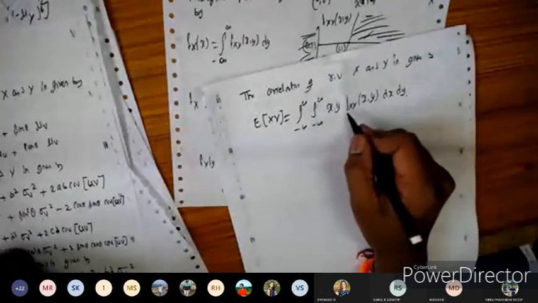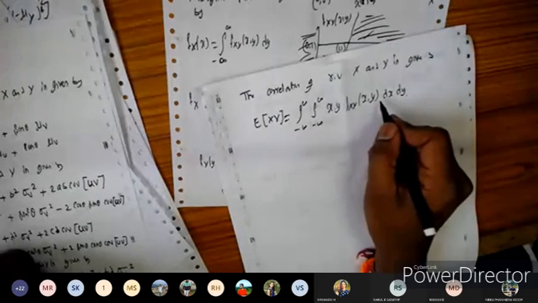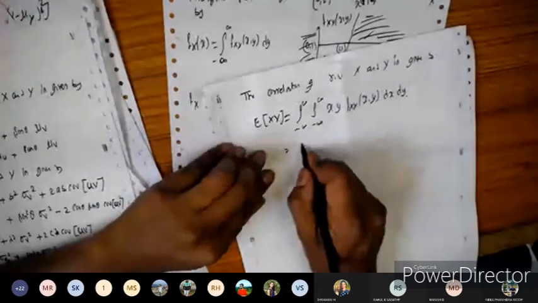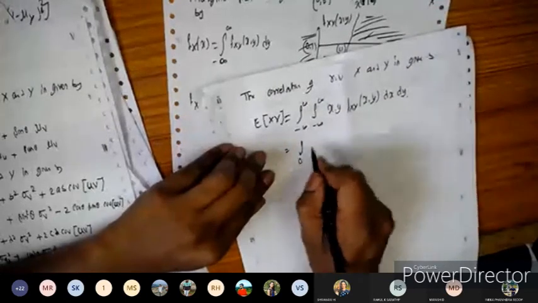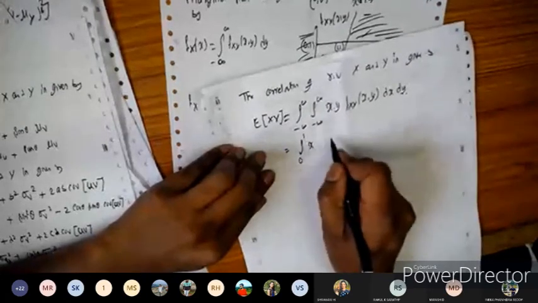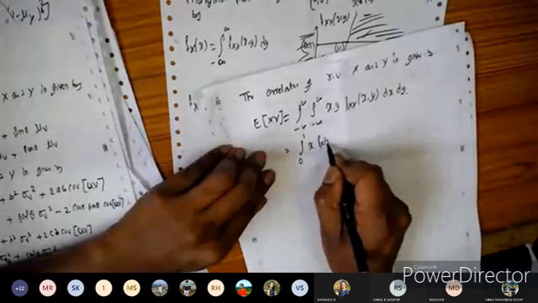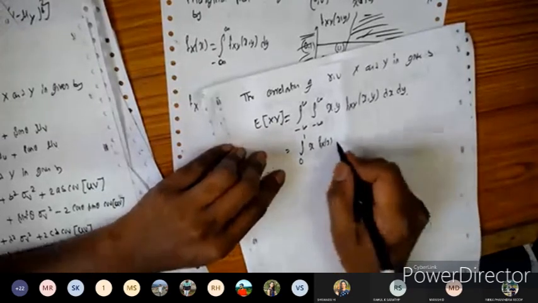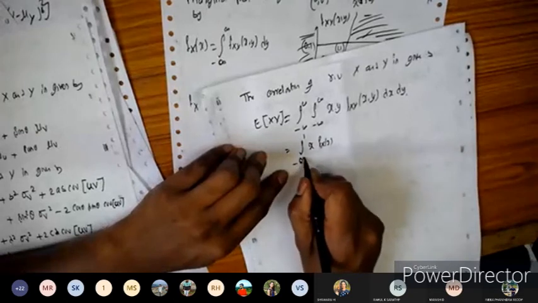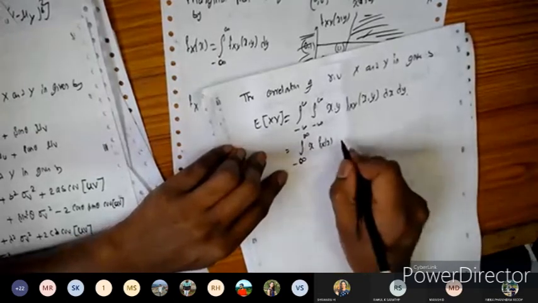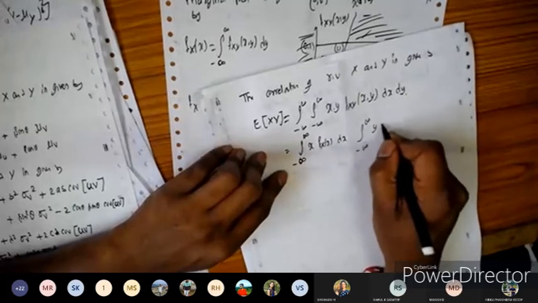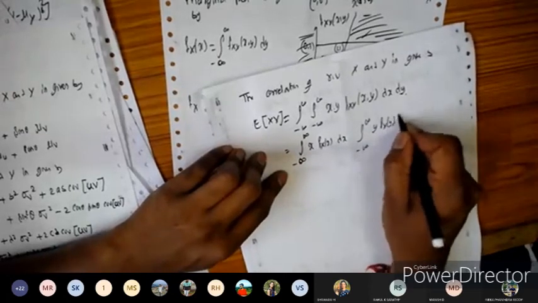into dx into dy. Okay, since we know that fXY(x, y) is equal to fX into fY here, we can integrate this separately. So for x we get 0 to 1, x into fX(x) into dx, and similarly from minus infinity to plus infinity, y into fY(y) into dy.